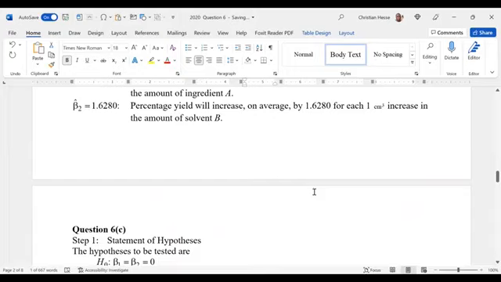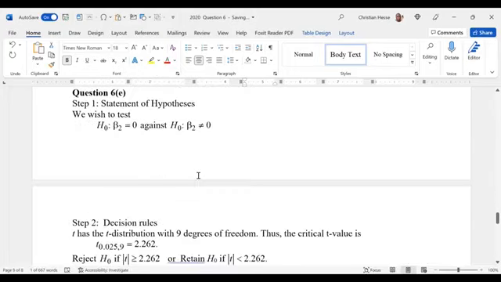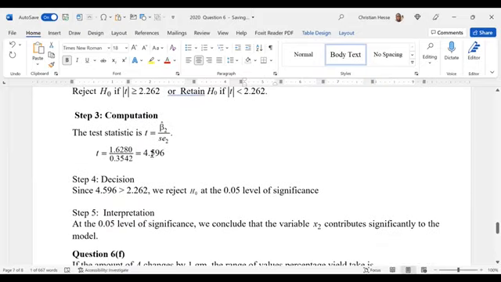So it's 1.6280 divided by 0.3542. When you divide, you get 4.596 to 3 decimal places.